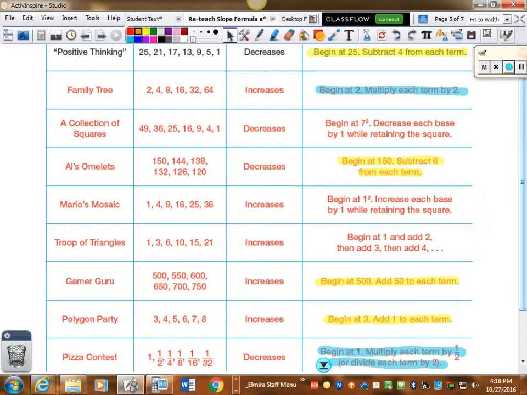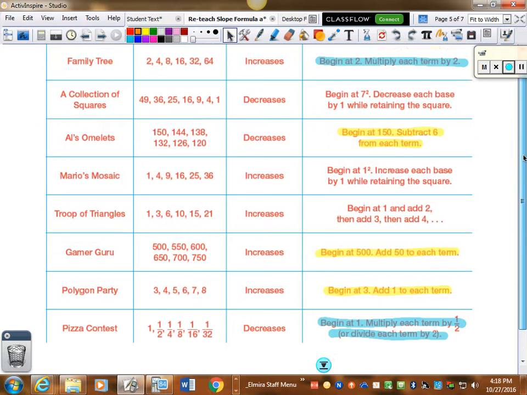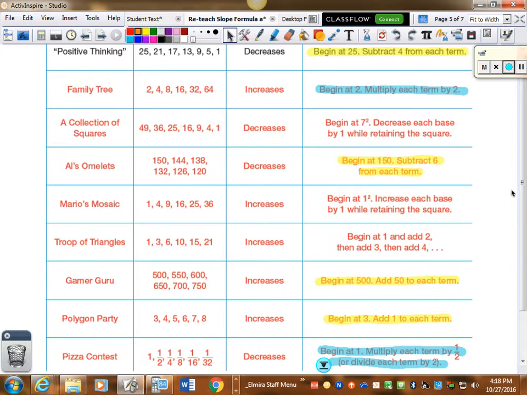Because I feel like I highlighted 3. Nope, guess not. These are all we're multiplying by something. Now, I know at the Pizza Contest one, it says multiply by a half, and then in parentheses it says, or divide each term by 2.